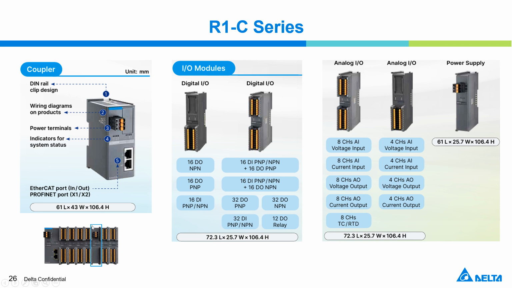Then this power supply module will provide the power for the right extend modules starting from here, which means you can extend a lot of I/O modules without the power limitation.